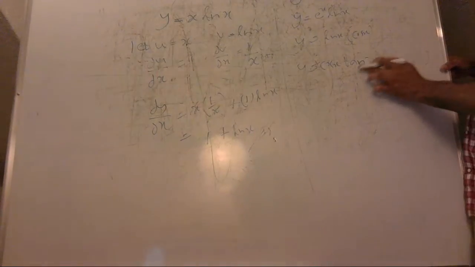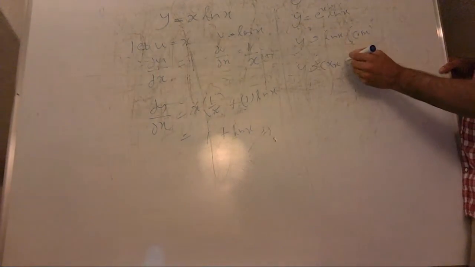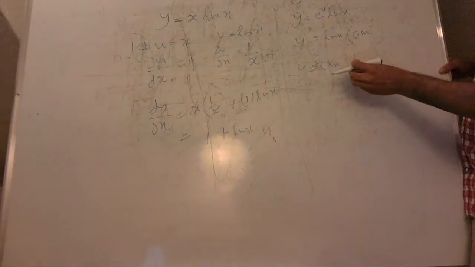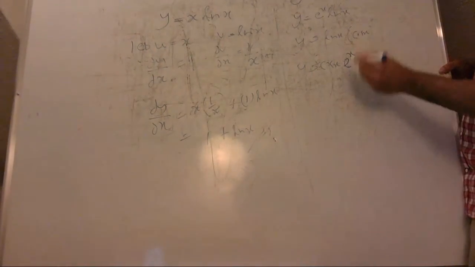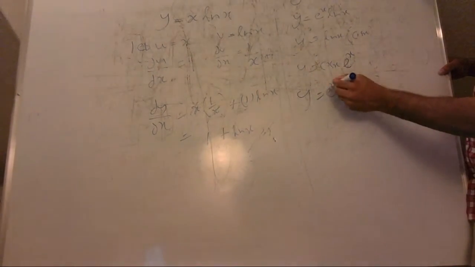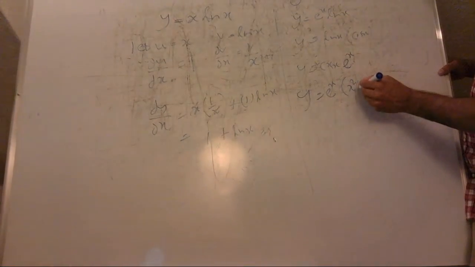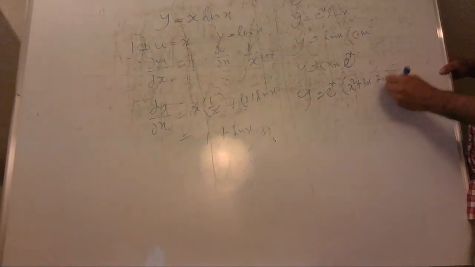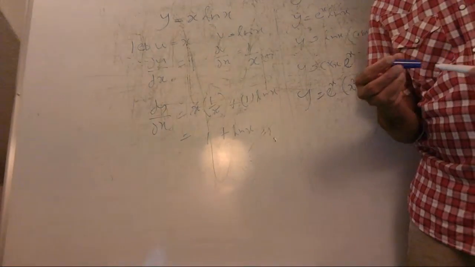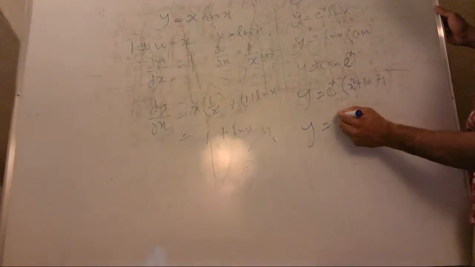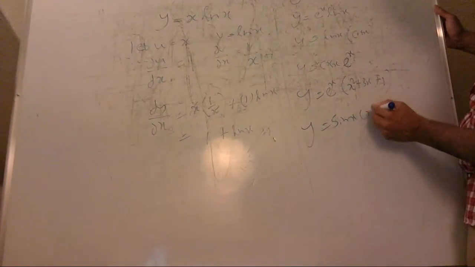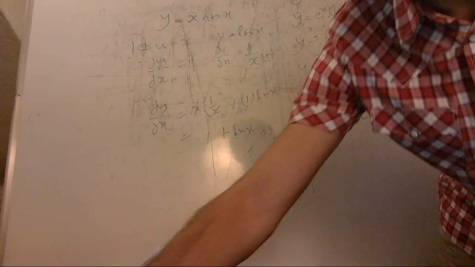Let's do cos x e to the x, and y equals e to the x (squared plus 3x plus 1). Okay, so you can practice these questions. You can't see the top question. What I wrote there was sin x cos x. So you can keep practicing and let me know how you got on. I hope that helps with product rule.